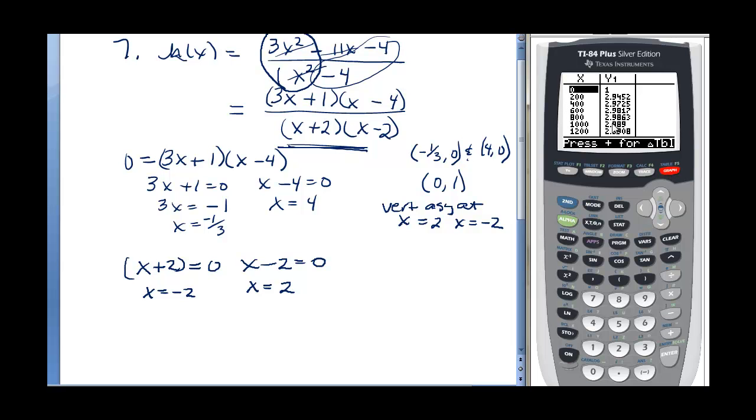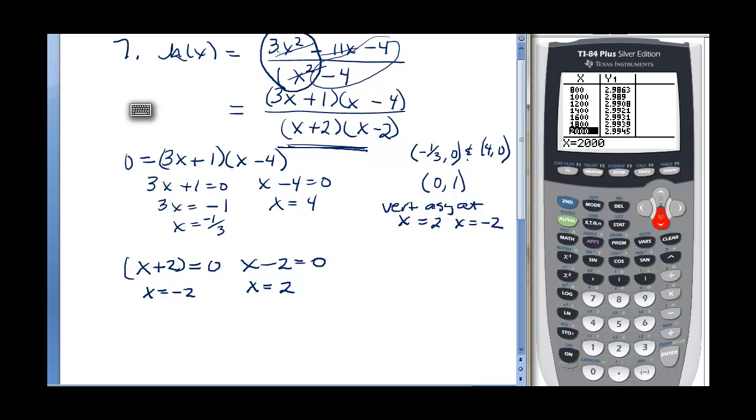I can see that my values are getting pretty close to 3. If I look back at the equation, my numerator is 3 times as much as my denominator, and that is how we determine the horizontal asymptote.